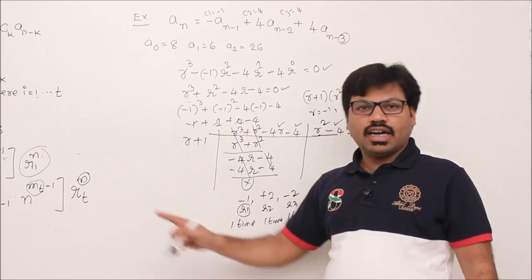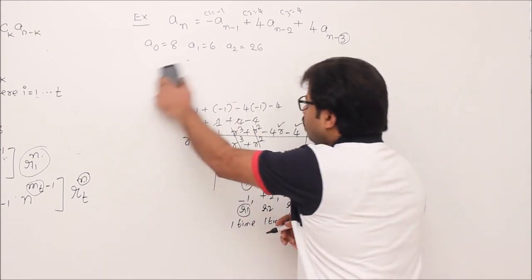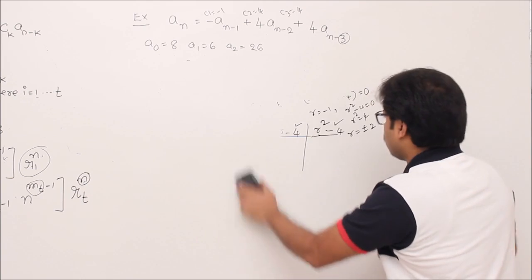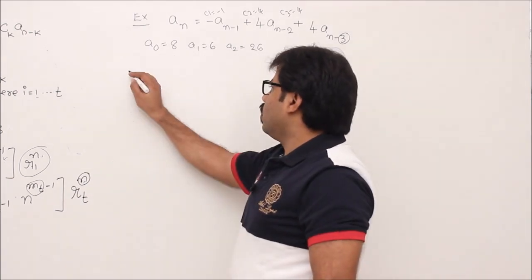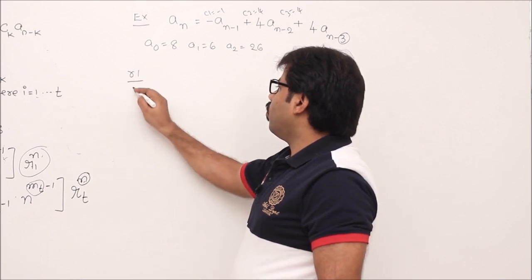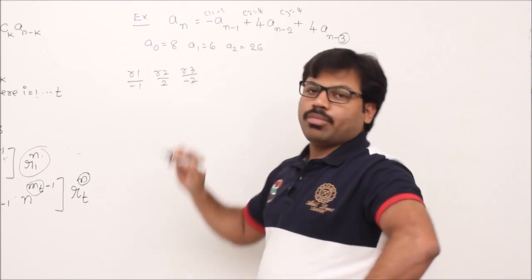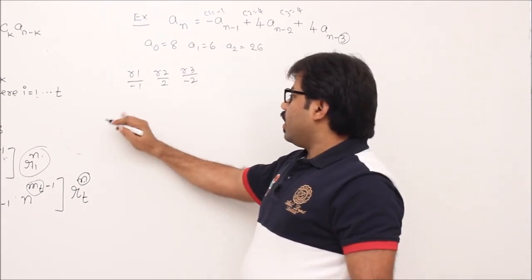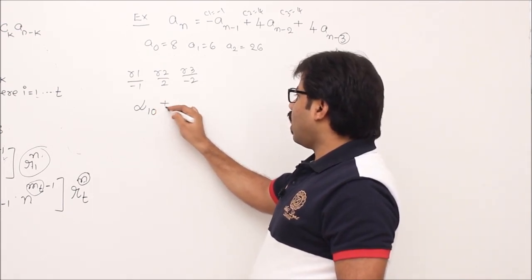So we have to write that expression 3 times, right? Let me write that expression one by one. First, r1 is minus 1, r2 is 2, r3 is minus 2, correct? Let me do it one by one. So the equation is like this: alpha 1 0 plus alpha 1 1, and so on.